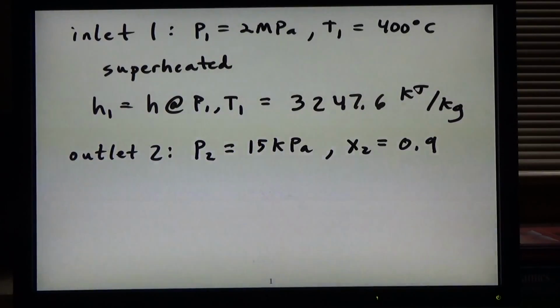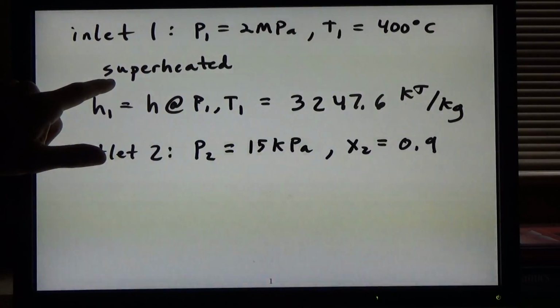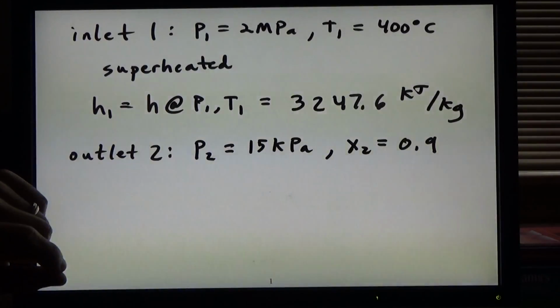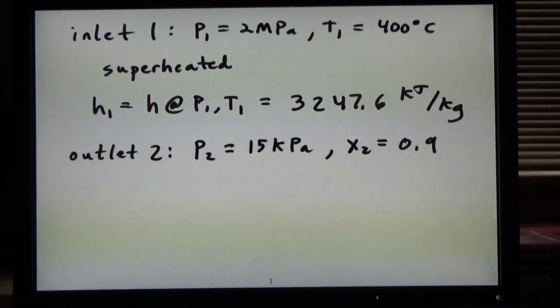Again, with a steam turbine, pretty much the way you'll see it is you have superheated steam at the entrance, and then at the outlet you'll usually have a high quality saturated mixture like this, or in some instances you still may have a superheated vapor. Most of the time you'll get a high quality saturated mixture at the exit of a steam turbine.